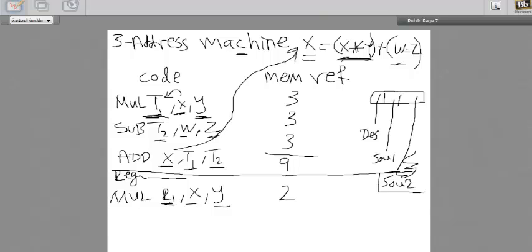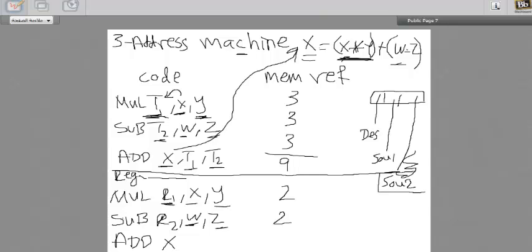Then we need to do the second step, which is the subtraction. Okay, welcome. I have a third student joined. We need to subtract Z from W, and store the result in R2. Again, how many memory references? We only need to get W and Z, so we have 2 memory references. Final step, we need to do the addition.